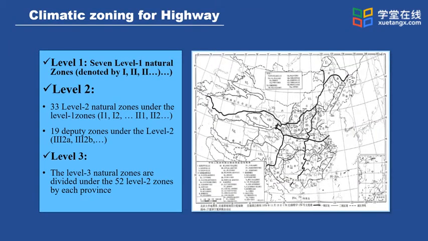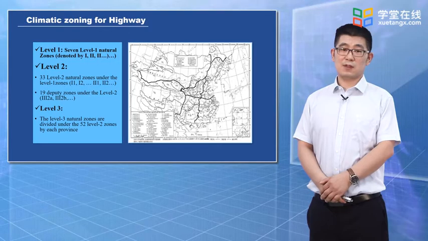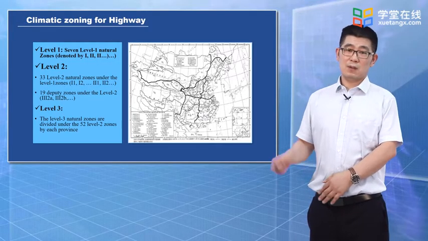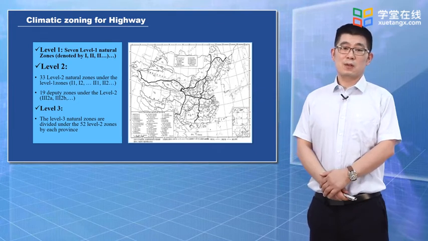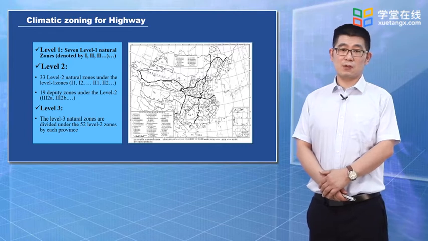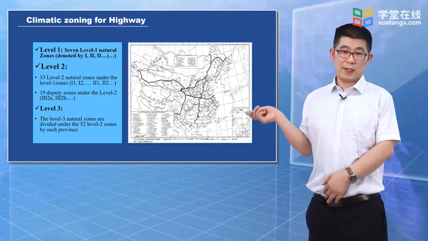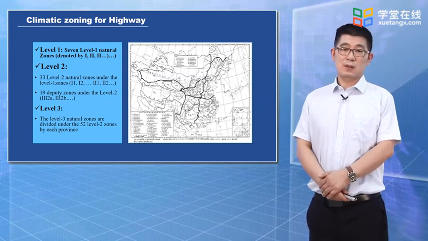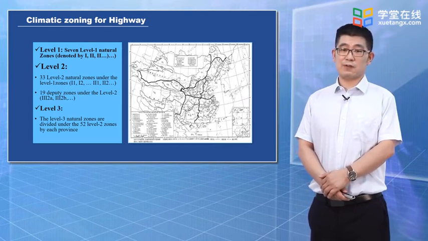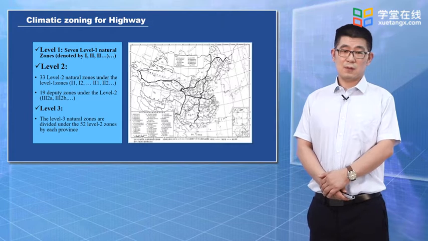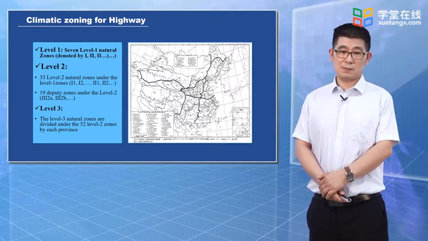The level 1 zones are further divided into 33 level 2 zones and 19 deputy zones. The level 2 zones are denoted by 1-1, 1-2, 2-1, 2-2, while the deputy zones are denoted by 2A, 2B. And based on the level 2 zones, level 3 zones may be subdivided by each province. Details about the climatic zoning can be found in the standard.